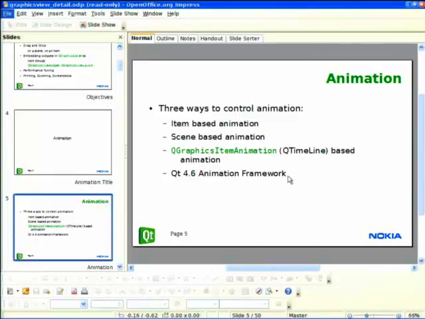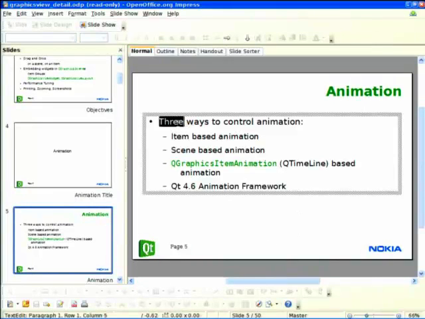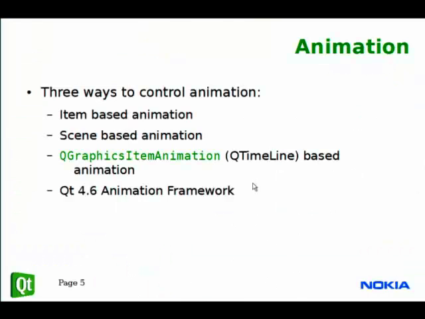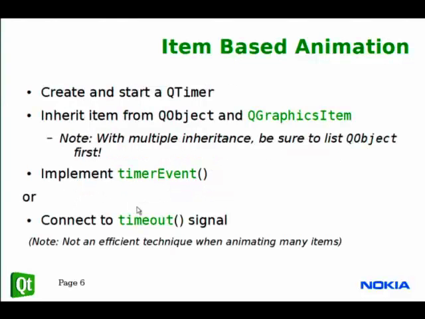There are many ways to control animation. There's item-based, there's scene-based, there's QGraphicsItemAnimation, and then there's the 4.6 animation framework. If we're just doing item-based animation, typically what we'll do is create and start a QTimer.